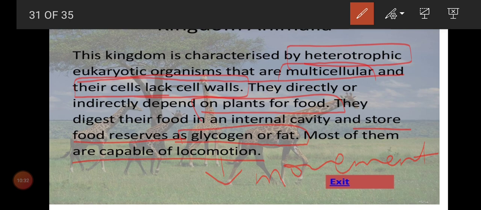Because what is the role of mitochondria? That is the energy part of the cell. So where can we see more consumption or use of energy? Only in animals. So in animal cells we can see more mitochondria than in plant cells. That we'll learn in the third unit also. So that's all about the animal kingdom.